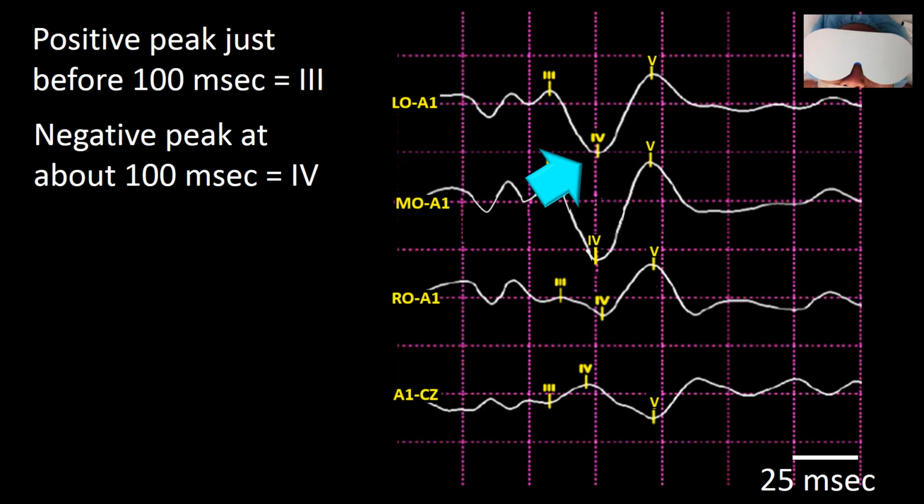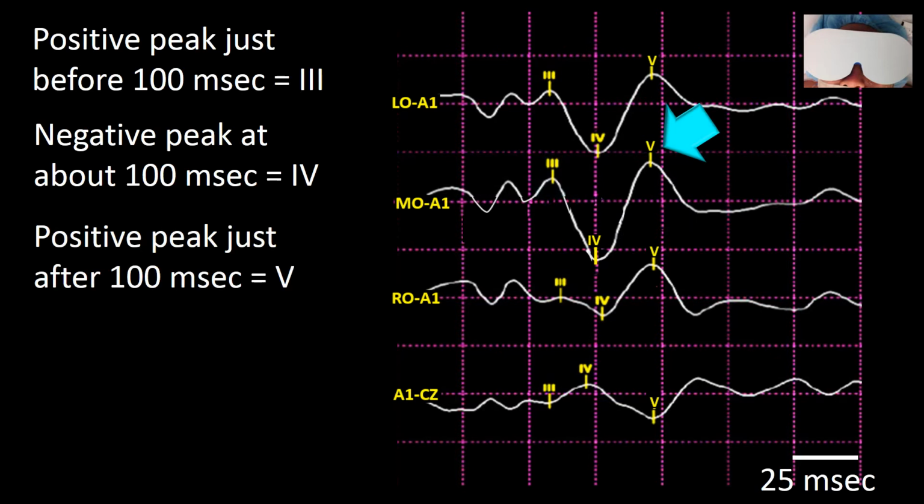And the positive peak just after P100 was labeled 5. Here I have selected the amplitude of the 3 to 4 as the amplitude to follow. I like to stress that choosing a wave to follow during surgery is often an arbitrary decision.